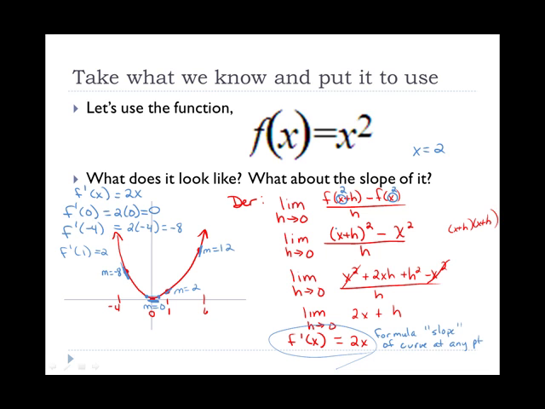So instead of having x plus h, I could have had 2 plus h and 2 squared, and then I would have worked it out, and I would have come down to 4 plus h, taken the limit as h goes to 0, and I would have gotten 4. But if I want the slopes of many points, then finding that equation is going to be more helpful, because now I can plug in multiple times.